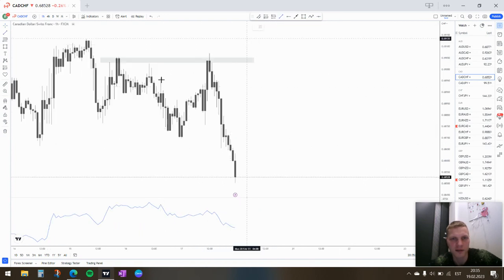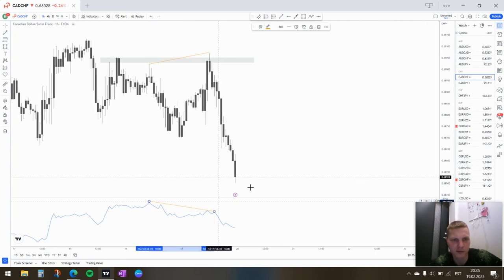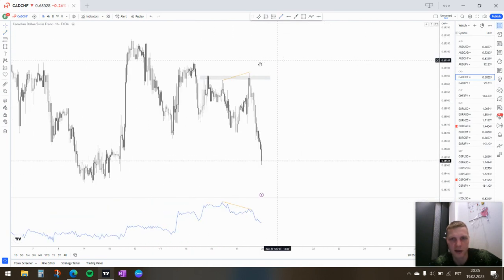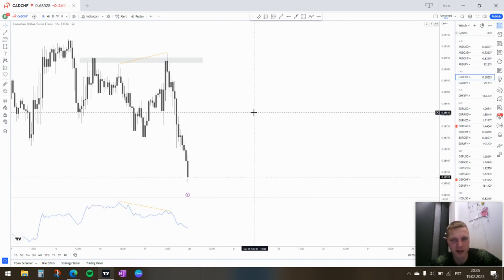And there's divergence in that area. Resistance, divergence, rejections, multiple rejection wicks. This is also an M pattern, and that's exactly what I'm looking for.